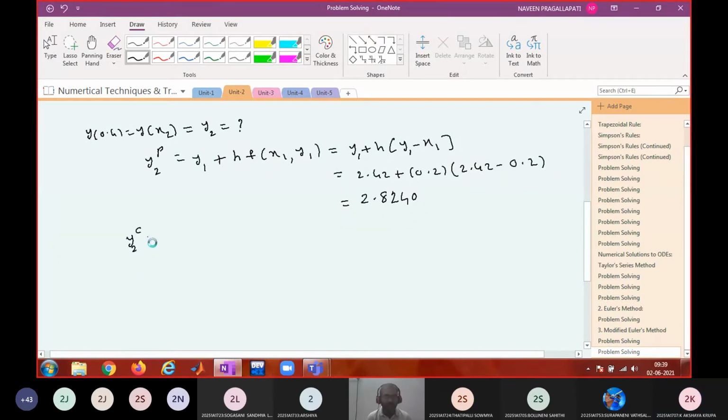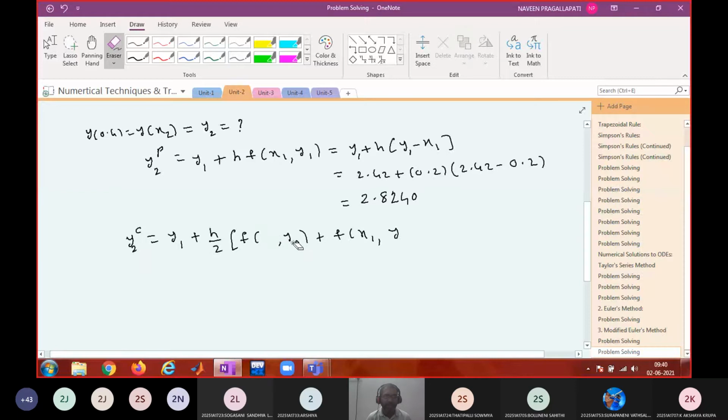Y2 corrector is going to be y1 plus h by 2 times f of x0 comma y0 plus f of x1 comma... Sorry, there is a mistake.